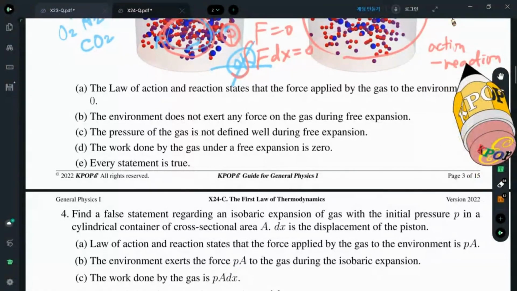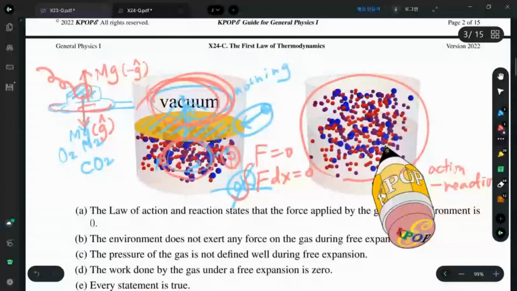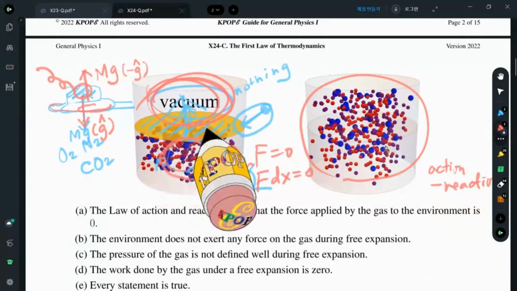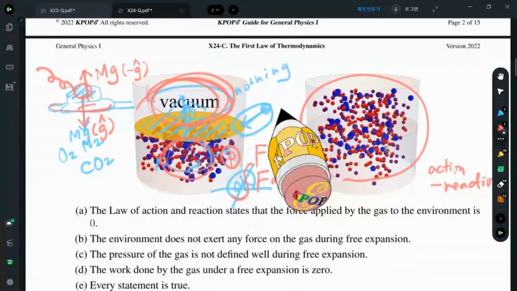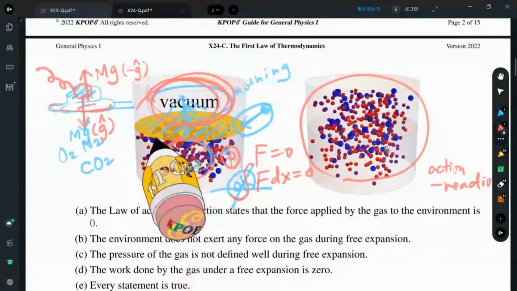The pressure of the gas is not defined well during free expansion. It's not defined during the expansion because as soon as this partition is away, the volume is not defined well.